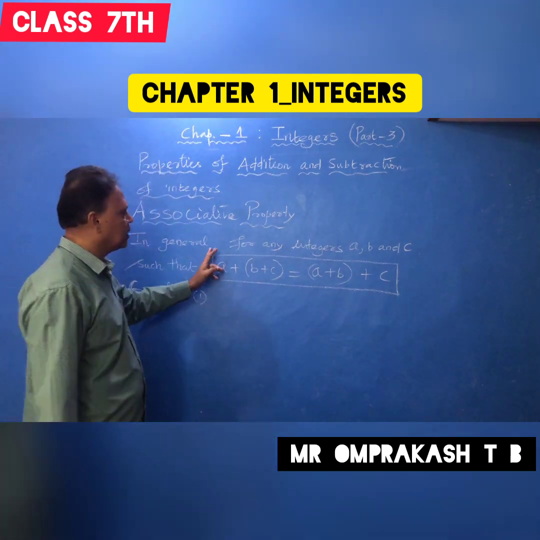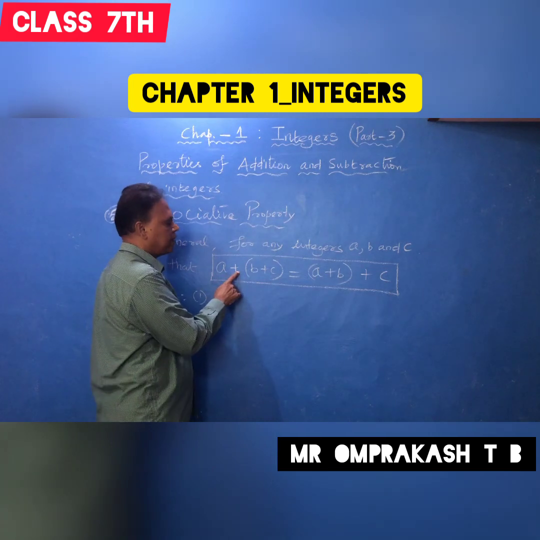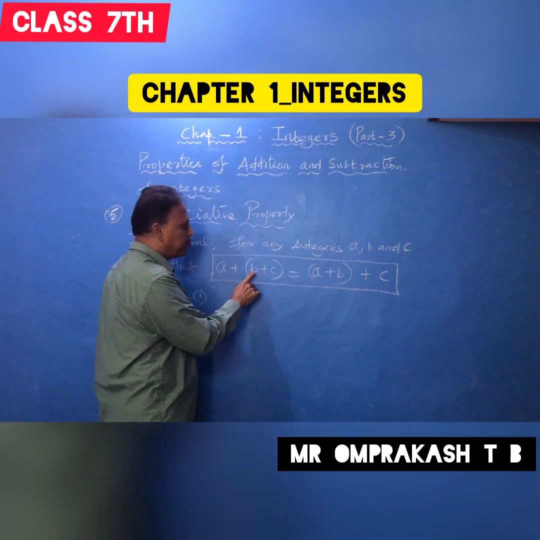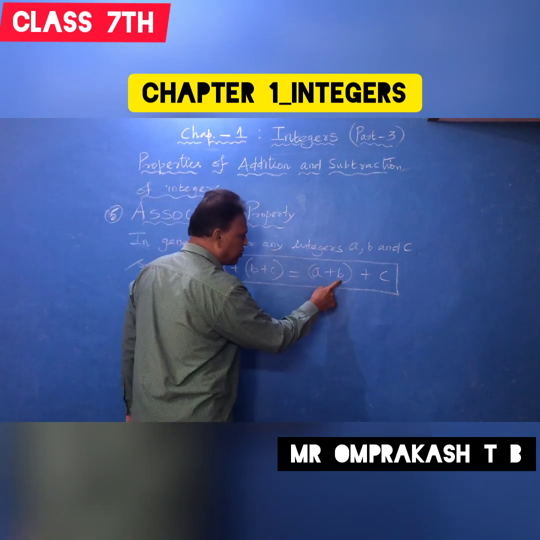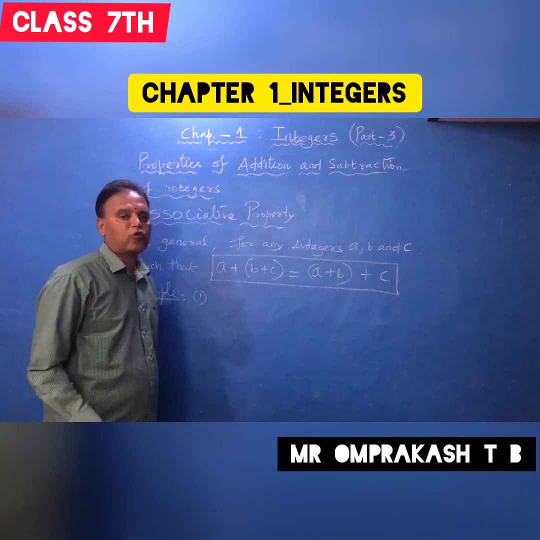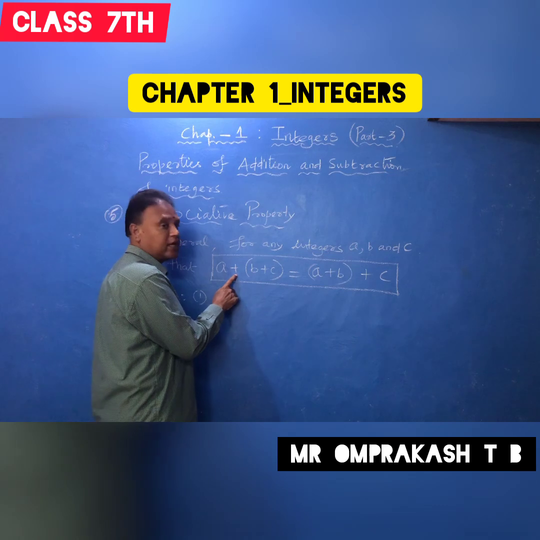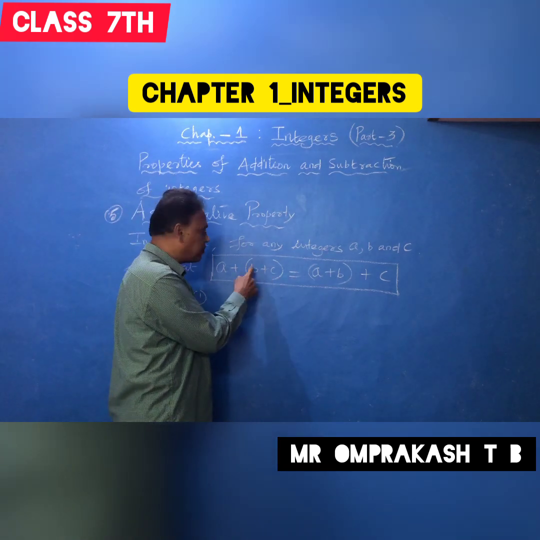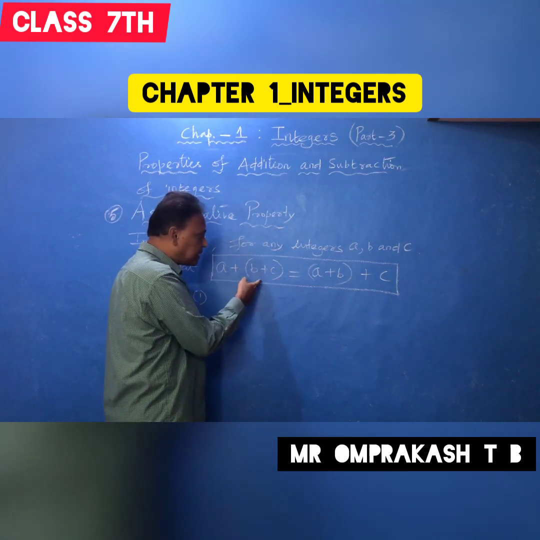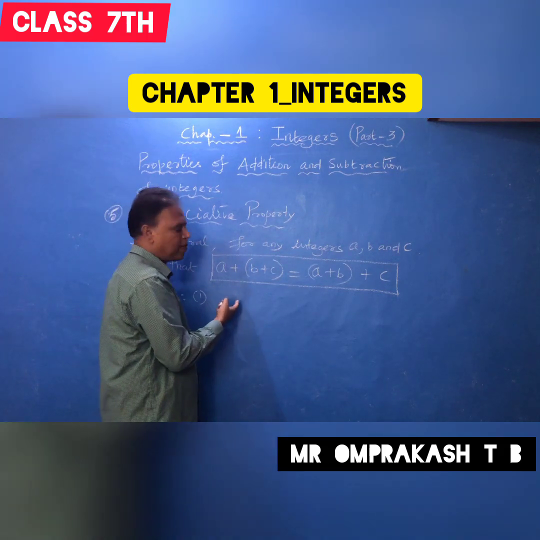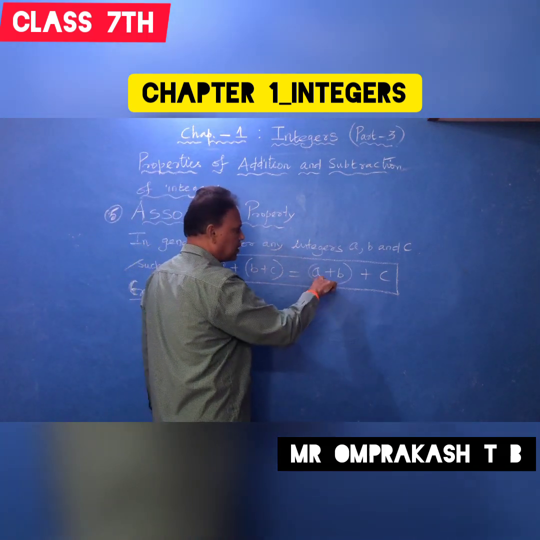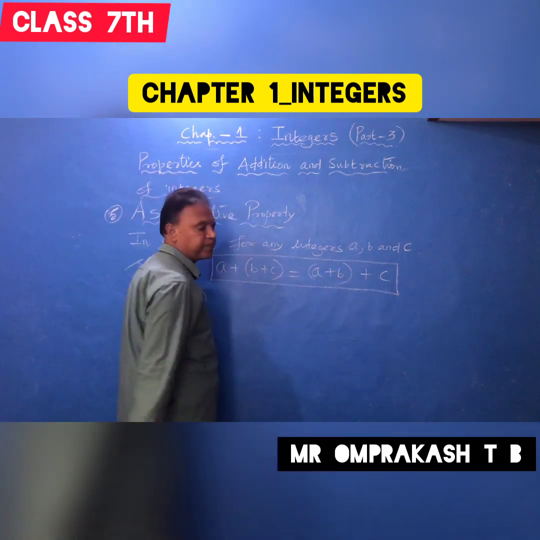So a plus b plus c, a plus b in bracket plus c equals a plus b plus c with b plus c in bracket. So you have to read very carefully. You see, a plus (b plus c) means b plus c is in the bracket. Clear? (a plus b) plus c, a plus b in the bracket.